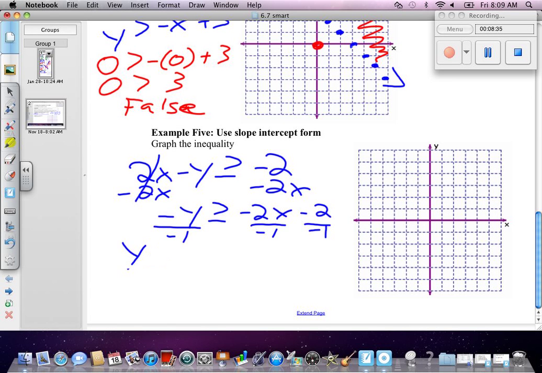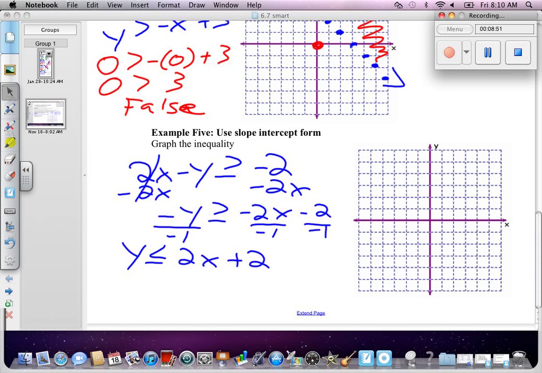And this becomes y is less than or equal to 2x plus 2. Okay, I want everybody right now to try on their own to graph this equation. All right. So, ladies and gentlemen, you put your first dot at 2 on the y-axis, and then you went up 2 over 1, or down over negative 1.